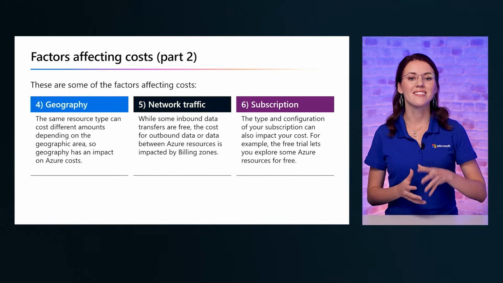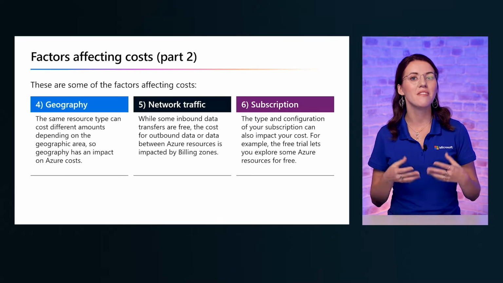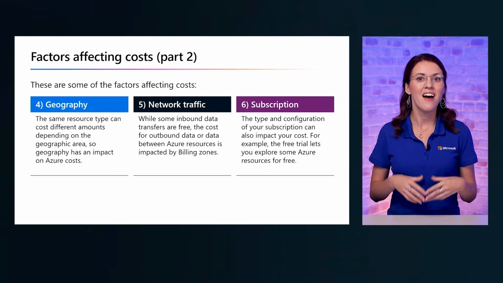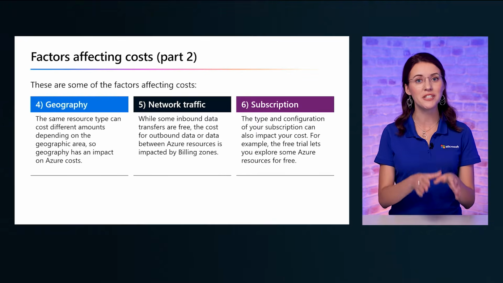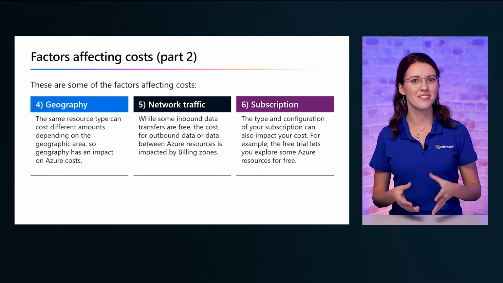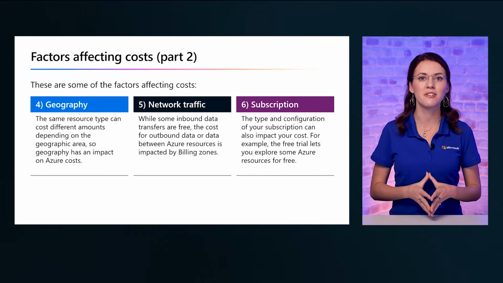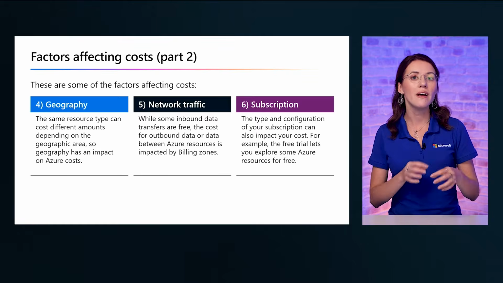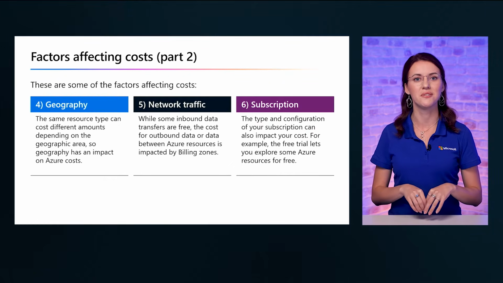The fourth factor that affects cost is geography and placement of your resources. When provisioning most resources in Azure, you need to specify the region where the resource will be deployed. Azure's infrastructure is distributed globally, allowing you to deploy services centrally or as close as possible to where your customers use them.